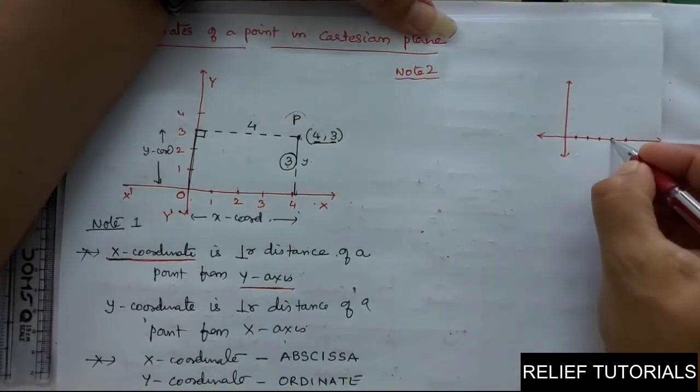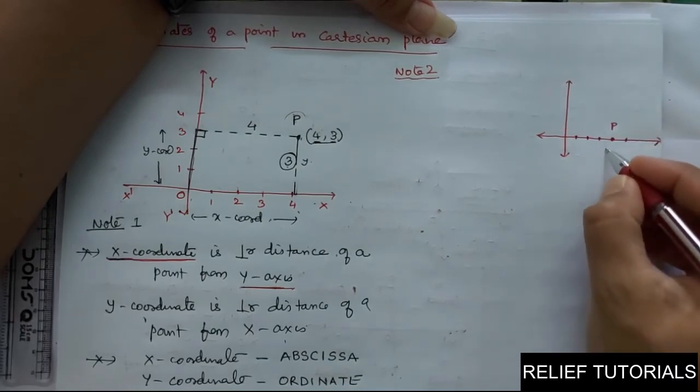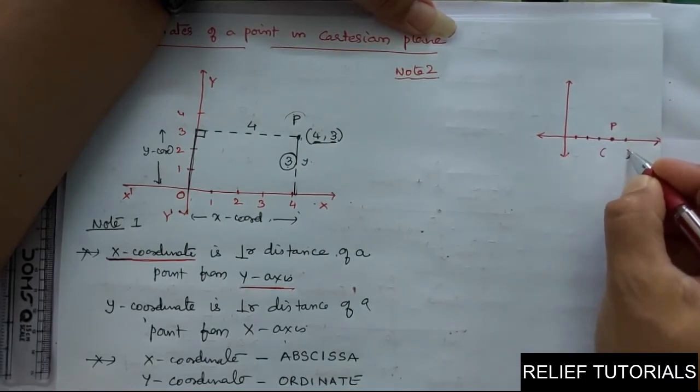Now this is the point P. So what will be the ordered pair of this point?